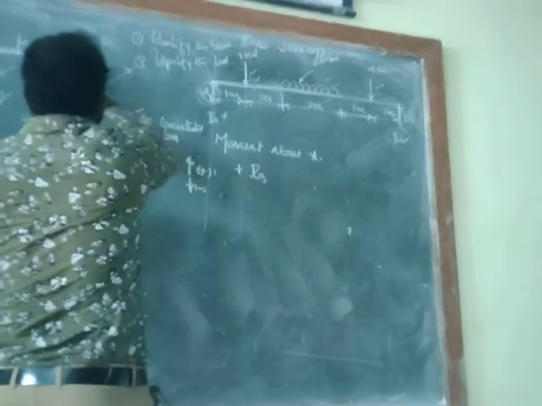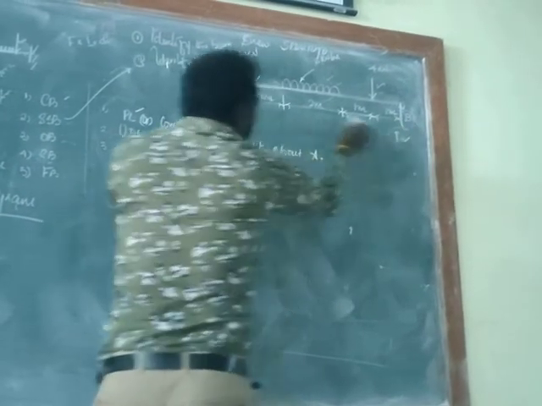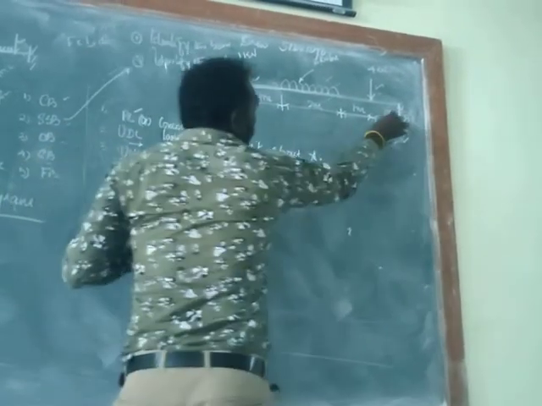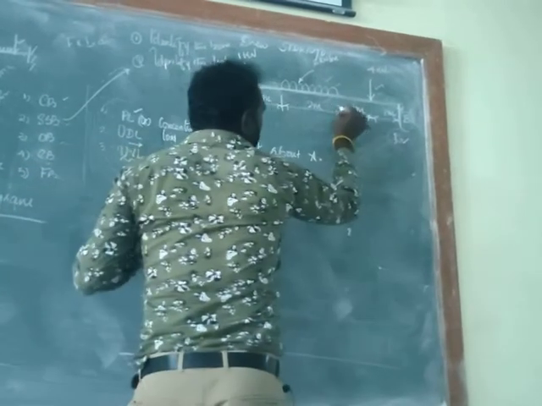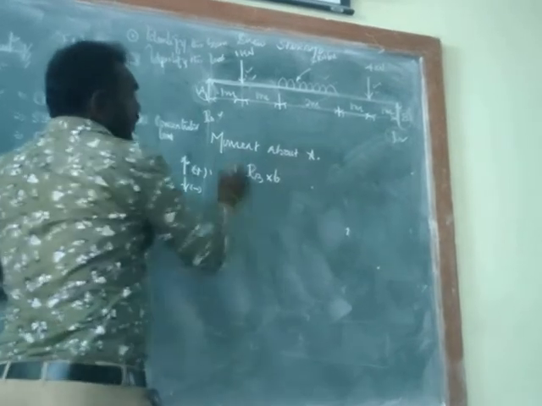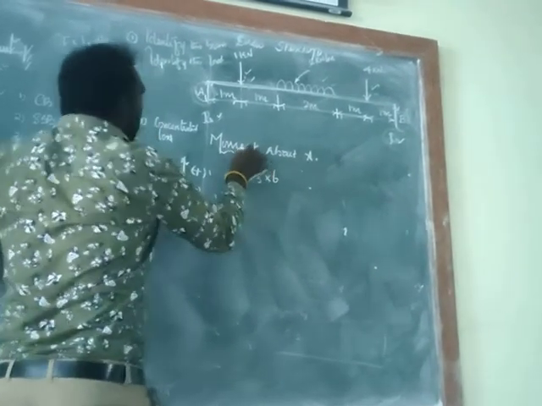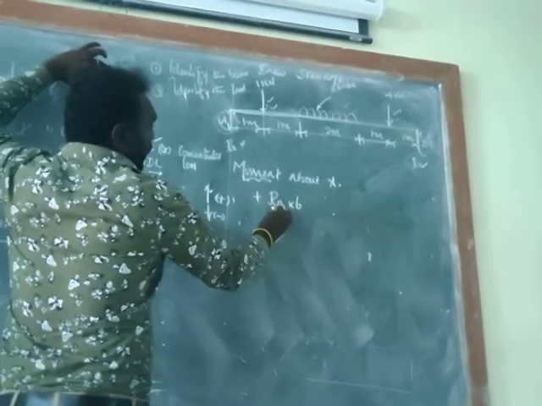Moment is nothing but force into perpendicular distance. First force RB into perpendicular distance, 1 plus 1 plus 2 plus 1 plus 1, 2 plus 4, 6, so RB into 6.